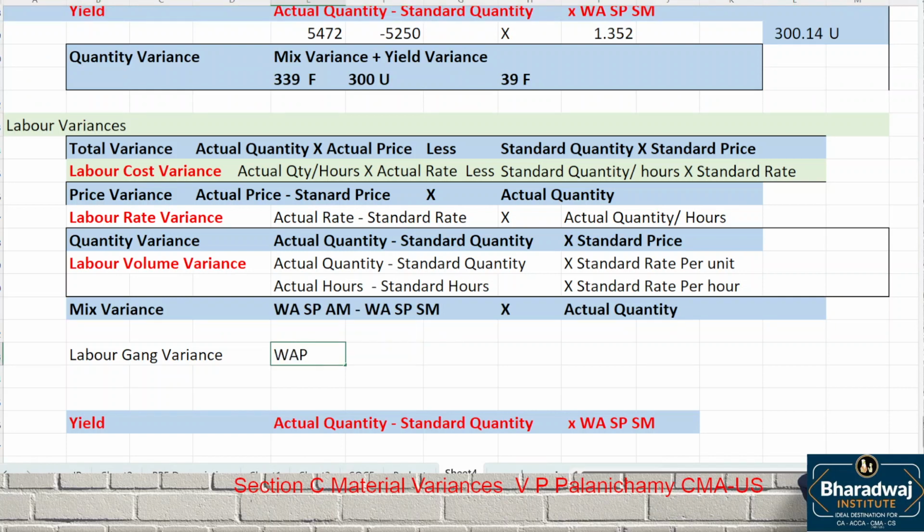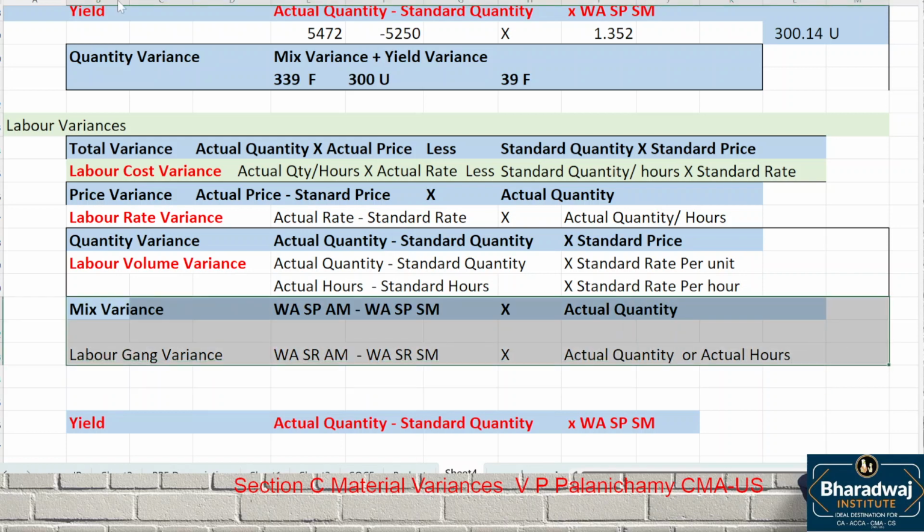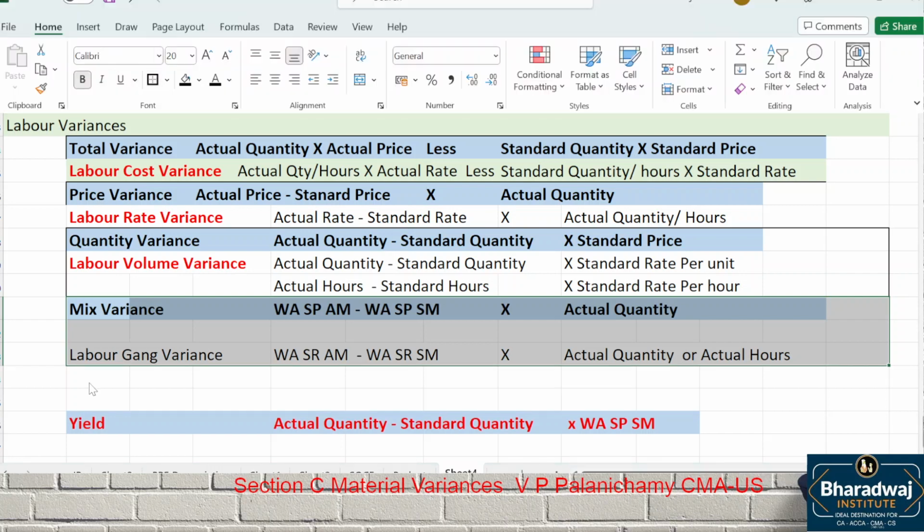Weighted average standard rate of actual mix minus weighted average standard rate of standard mix into actual quantity, or you can take actual hours. So if the workers are paid based on hours, you take actual hours. This is which variance? Labor gang variance.